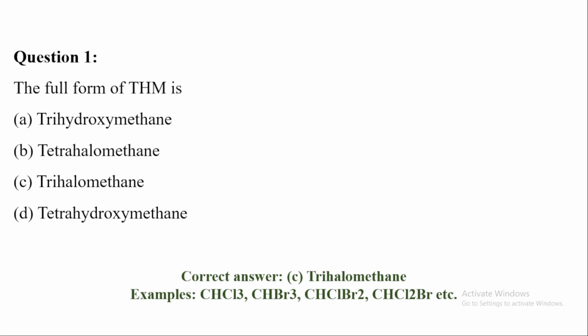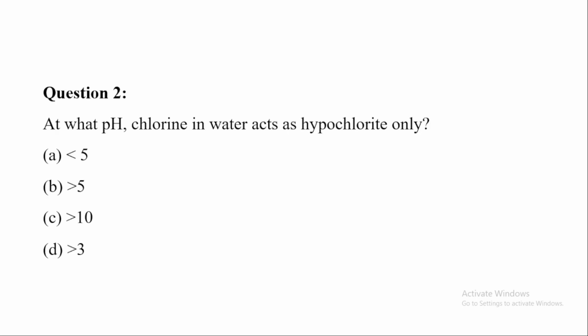Question number 2. At what pH does chlorine in water act as a hypochlorite only? When we add chlorine in water, why do we add it? For disinfecting the water. At different pH, chlorine remains in the water in different forms.